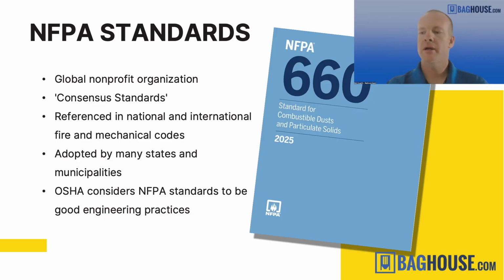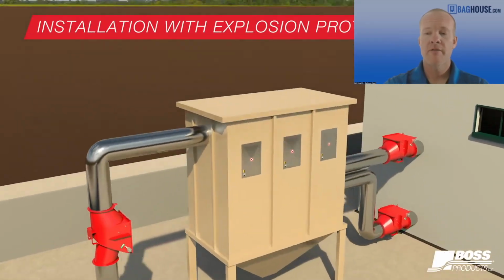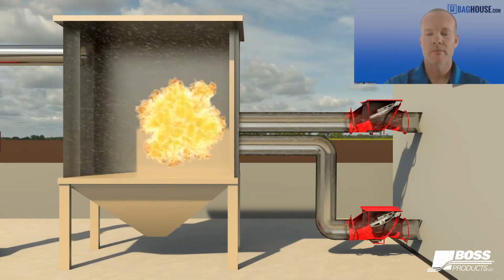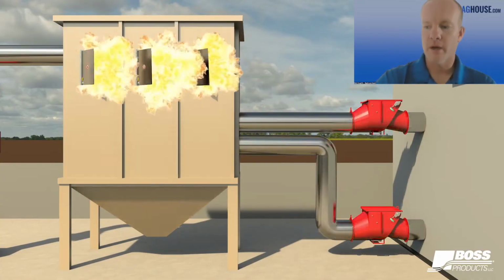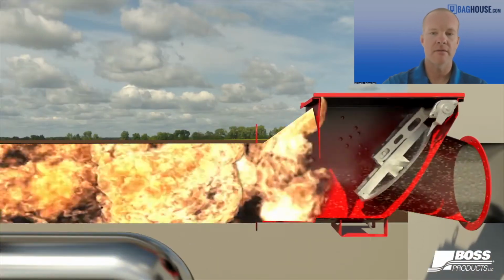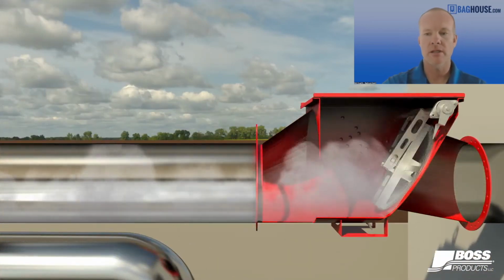So if you're returning air back into the building or your dust collection system is inside the building, you have to have an explosion isolation valve on both sides, the exhaust air as well as the inlet side. If you're exhausting to the atmosphere outside, you only need it on the inlet side. The idea there is that if there's a fire or explosion in the baghouse, this valve slams shut. It prevents the flame from traveling back into the workspace.